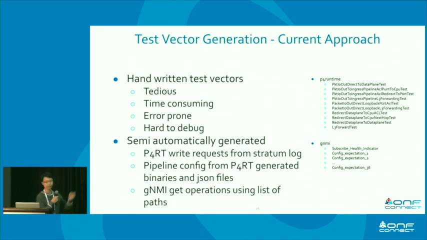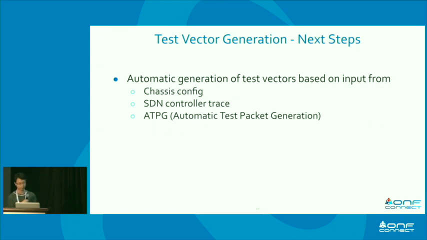And for most of the gNMI tests, we generate the get operations by reading a list of the supported gNMI paths. But there are still a lot of manual steps involved. Moving forward, we definitely need a much larger number of tests, so the future plan is to have tools that can generate complete test vectors automatically.